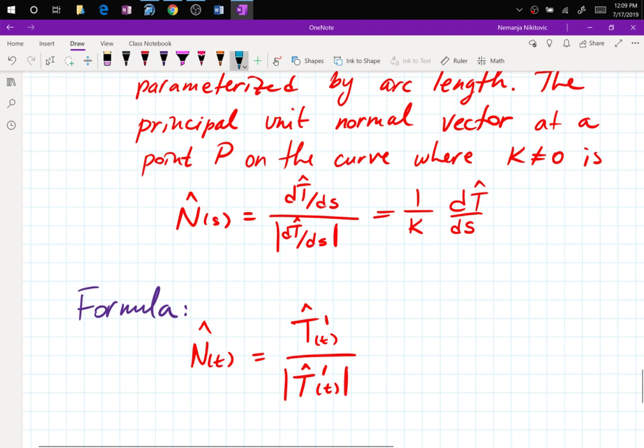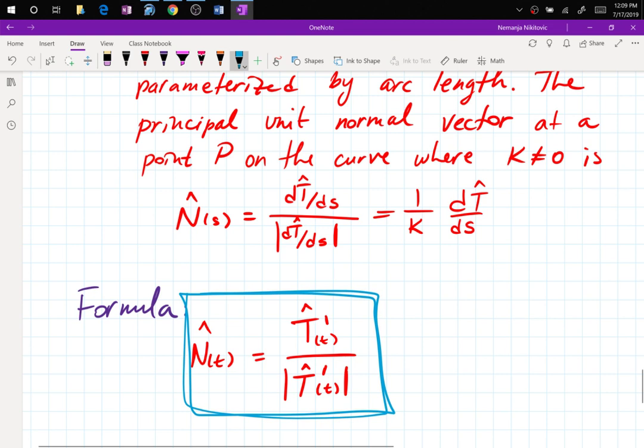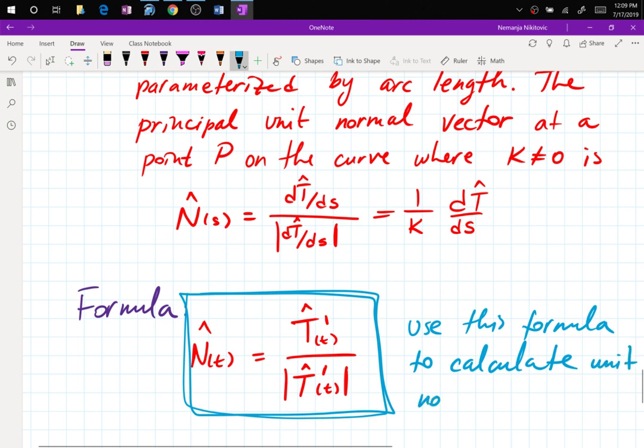So this is what we use to calculate the normal vector. Use this formula to calculate the unit normal vector n hat.